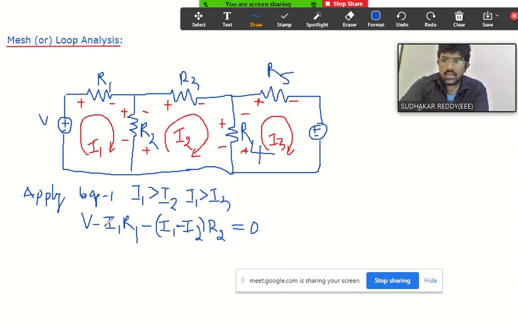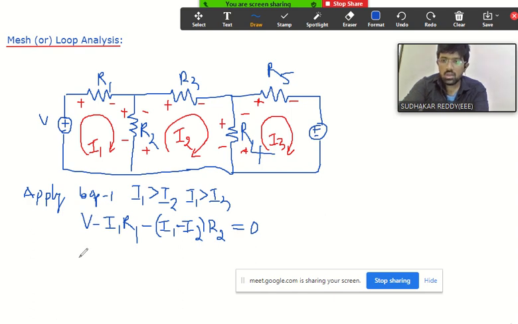Now simplify this. Minus I1 into R1 minus I1 into R2 plus, minus into minus means plus, plus I2 into R2. Now multiply with the negative.